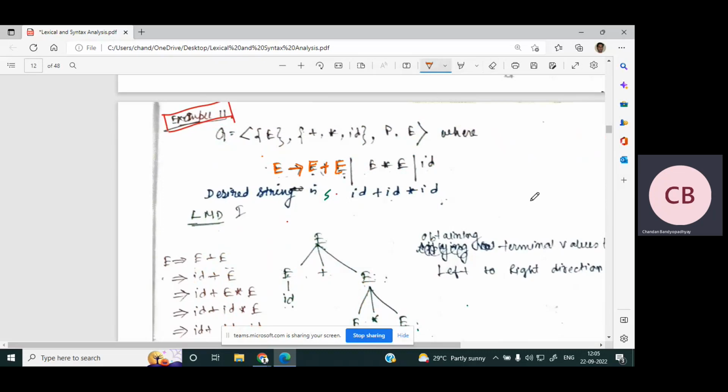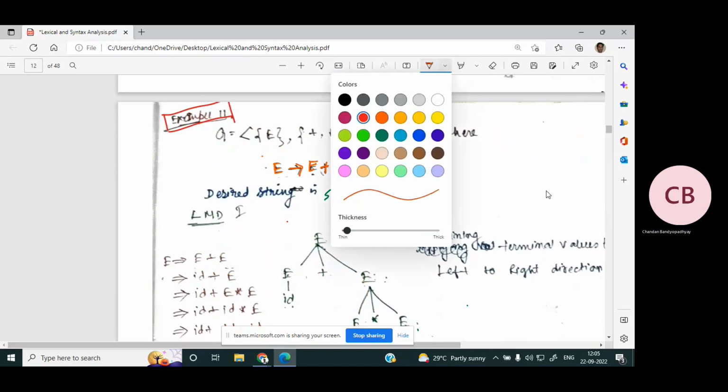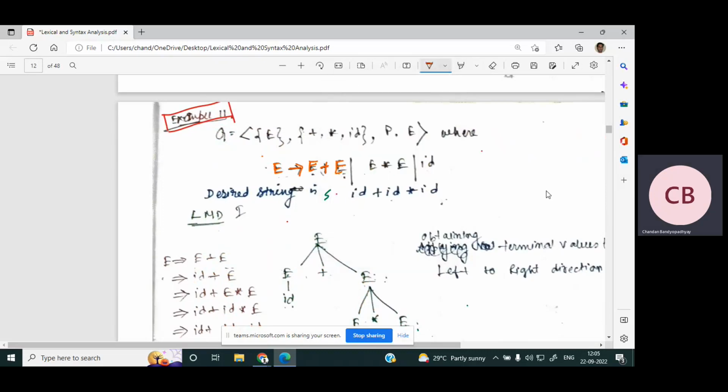For that, one more piece of knowledge you require: the concept of left recursion. Let me explain the left recursion first, and then you will be able to understand what is ambiguous. Let E be a variable. E is generating E star E. I am writing in a different way, because every time giving an example of E is not good.